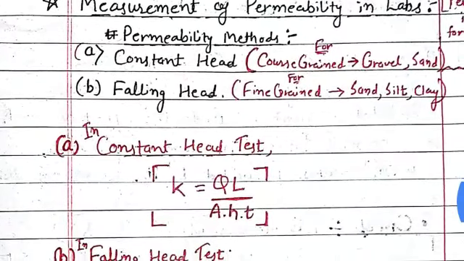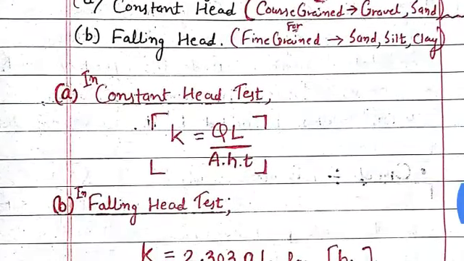In the constant head test, coefficient of permeability is equal to discharge into length upon area into head loss into time, that is K equals QL upon AhT.